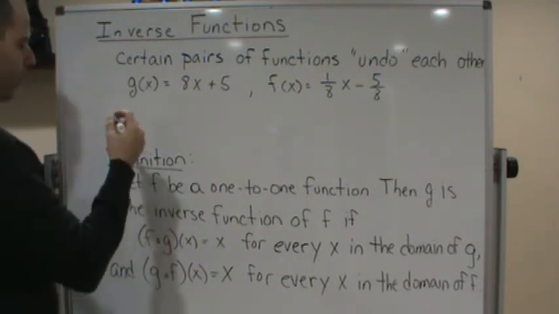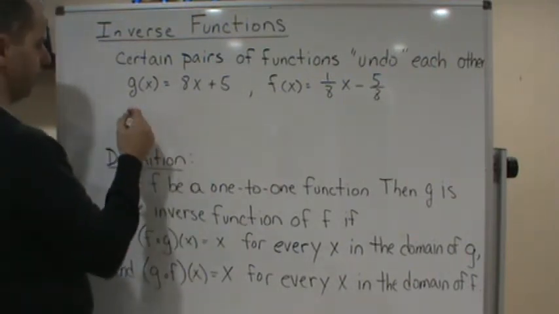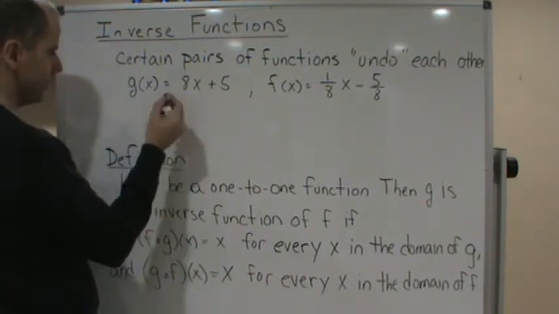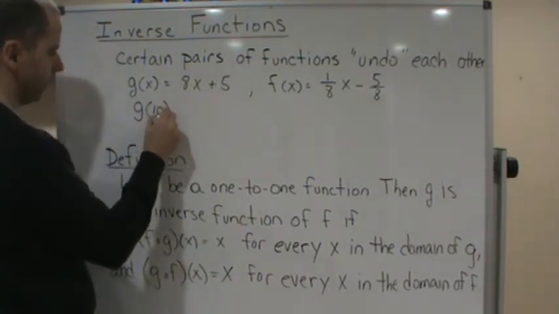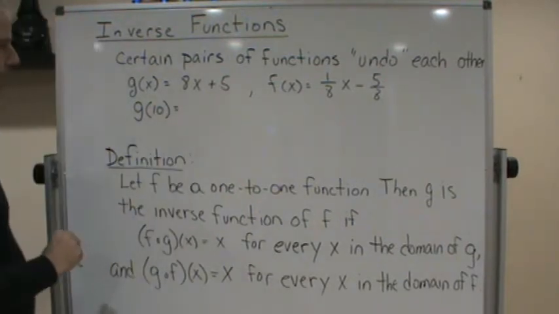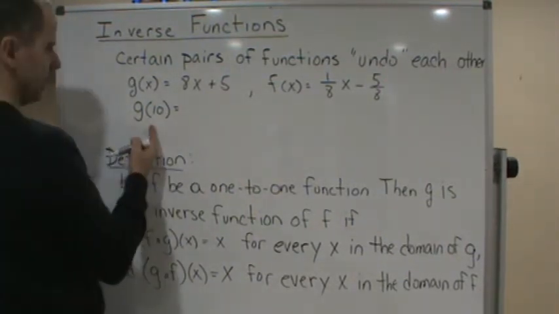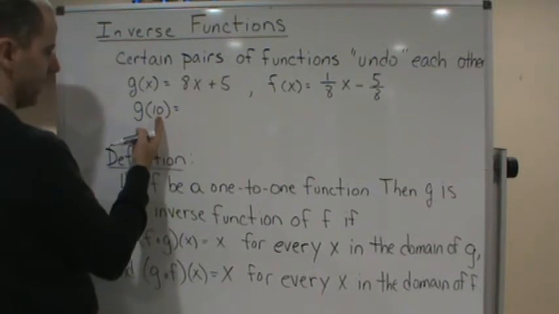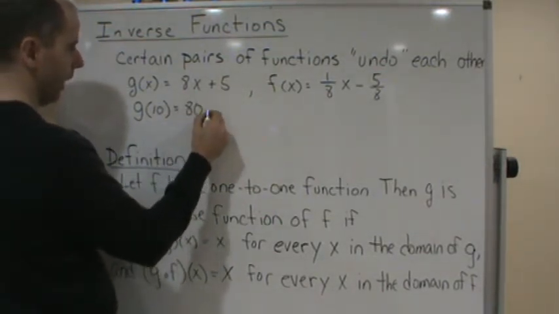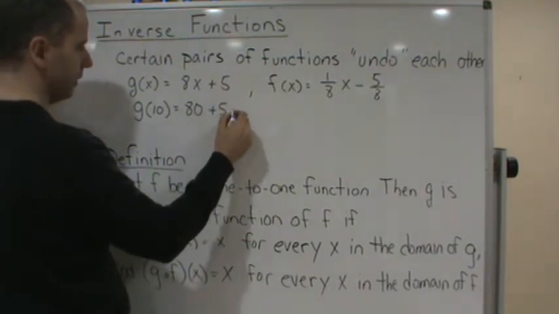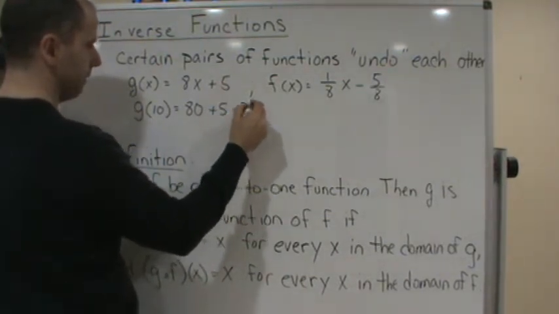So if we take 10 and stick it into our function g, g takes that 10, multiplies it by 8, and then adds 5 to get 85.